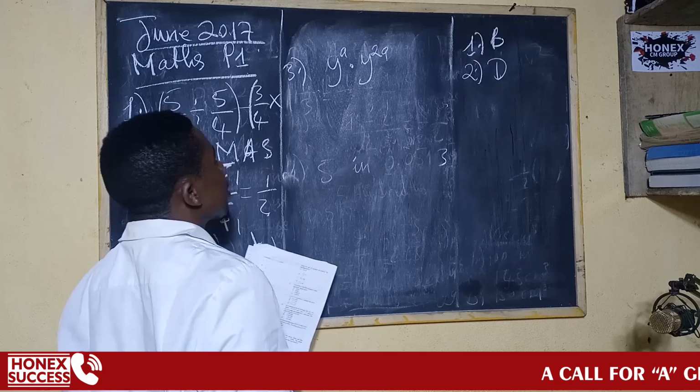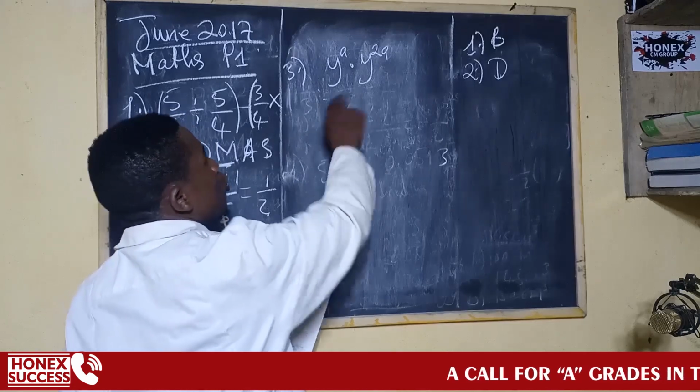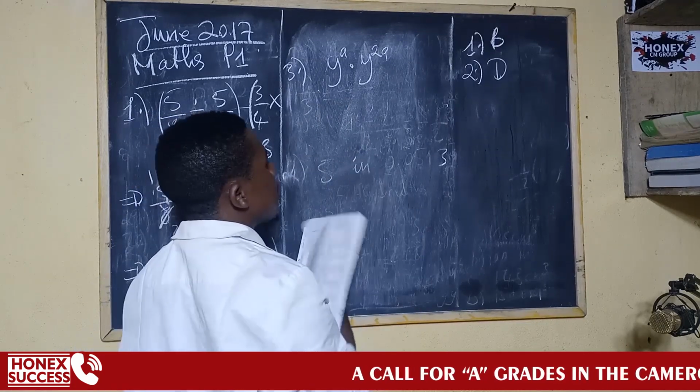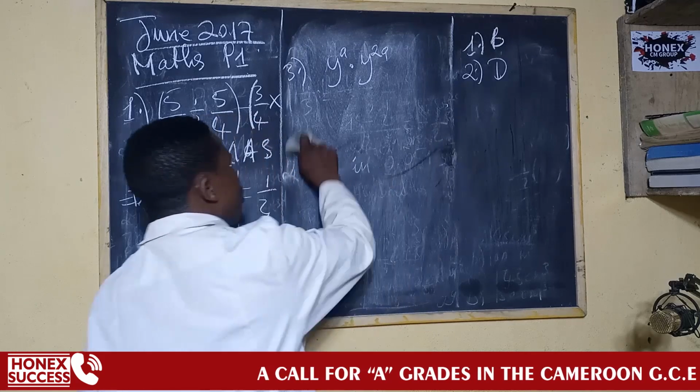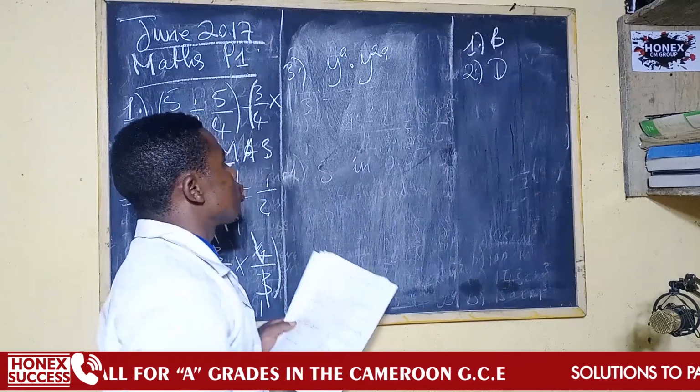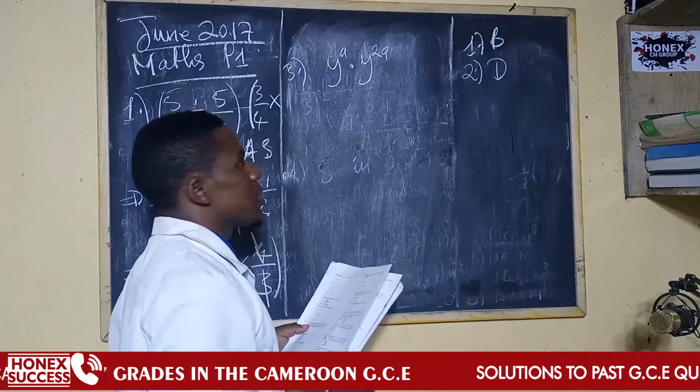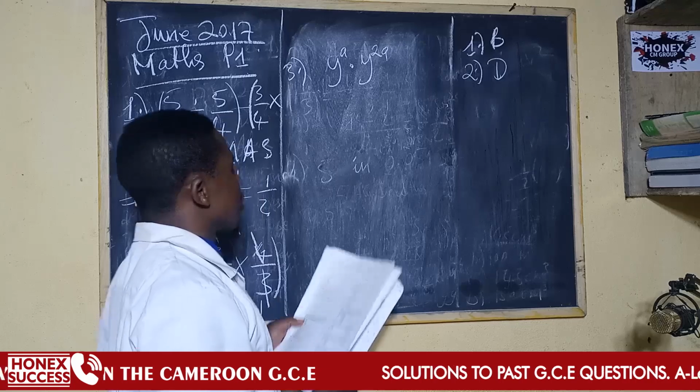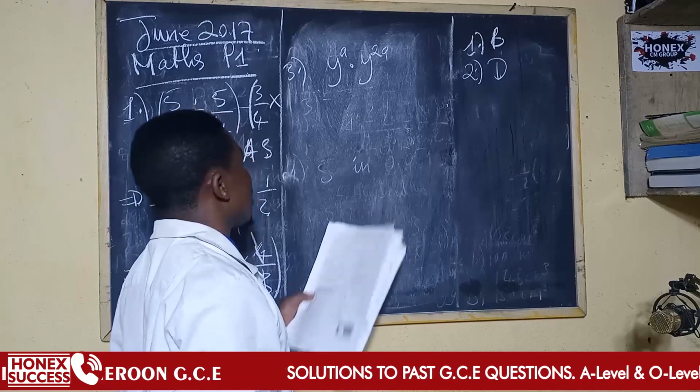Now, in order to work out the solution to this, you need to recall laws of indices, which was done in class in form 2 and also in form 3. Now we take a product of this.